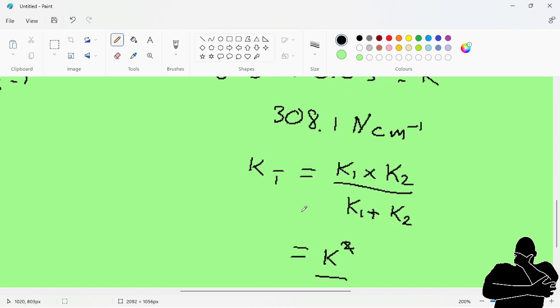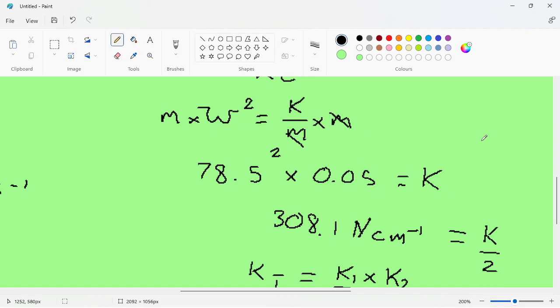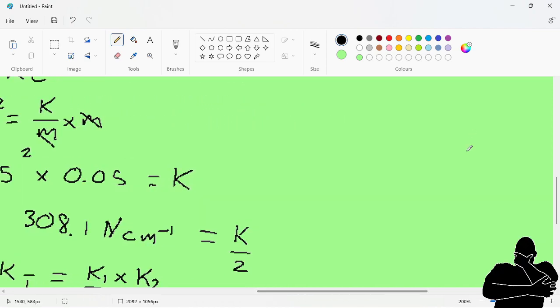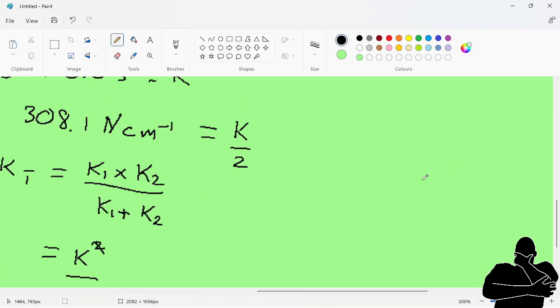Which means this number here that we got is actually equal to the spring constant for one of the springs divided by 2. So if we want to find the spring constant for one of the springs, we would just say K is equal to KT times 2.